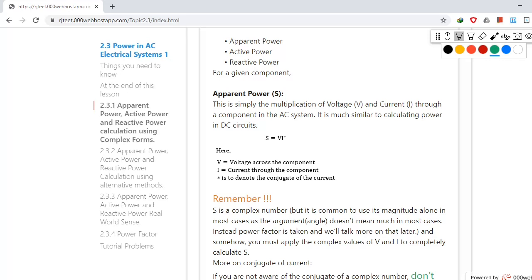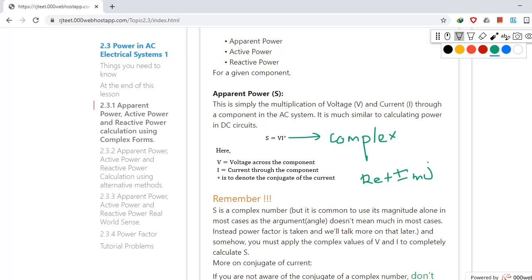So basically that is the apparent power, and as you may already have an idea about complex numbers, the multiplication of these two is going to result in another complex number, right? Therefore you must know that the apparent power is a complex value, which means it may be in the form real plus imaginary, right?